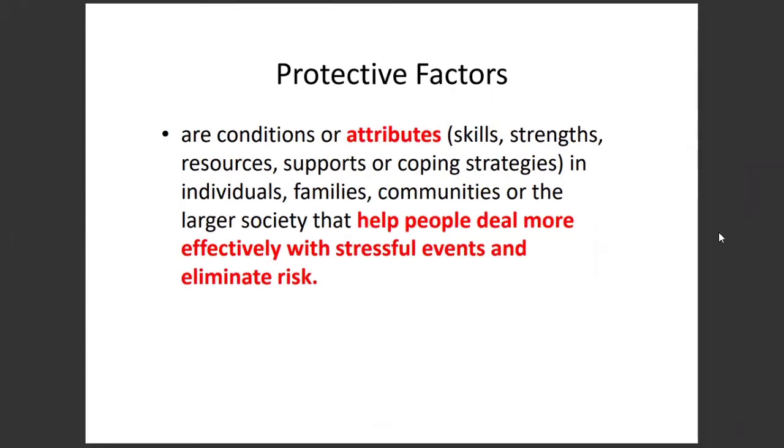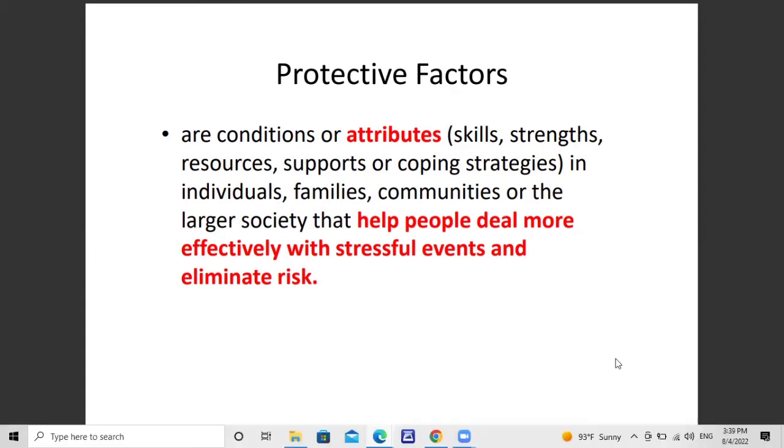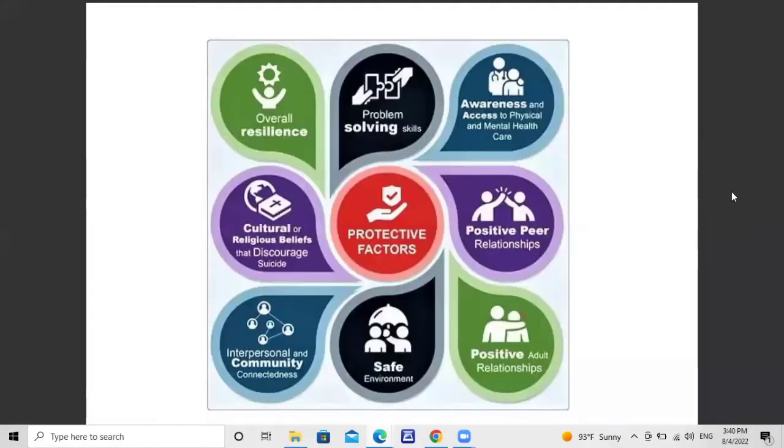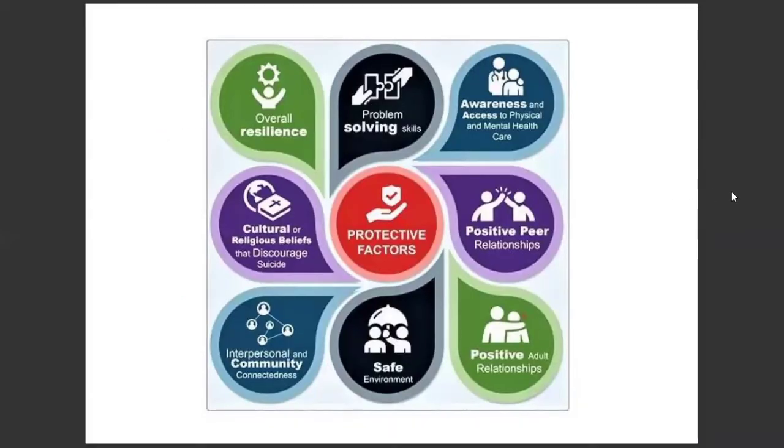Protective factors, however, are conditions or attributes, skills, strengths, resources, supports, or coping strategies in individuals, families, communities, or the larger society that help people deal more effectively with stressful events and eliminate risk. So what are the examples of protective factors? There is overall resilience.